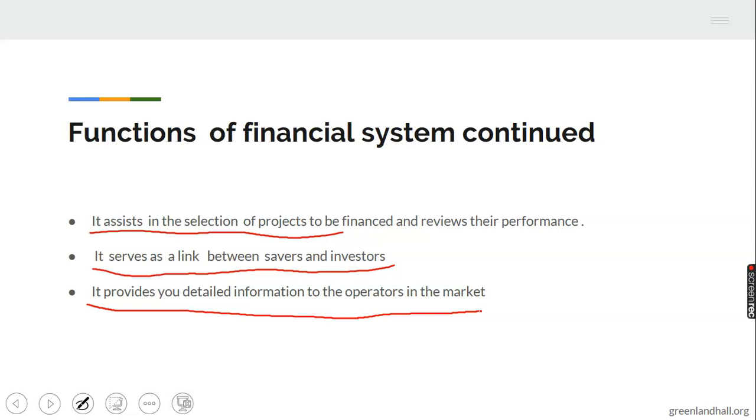So it provides useful information to these two categories of people.